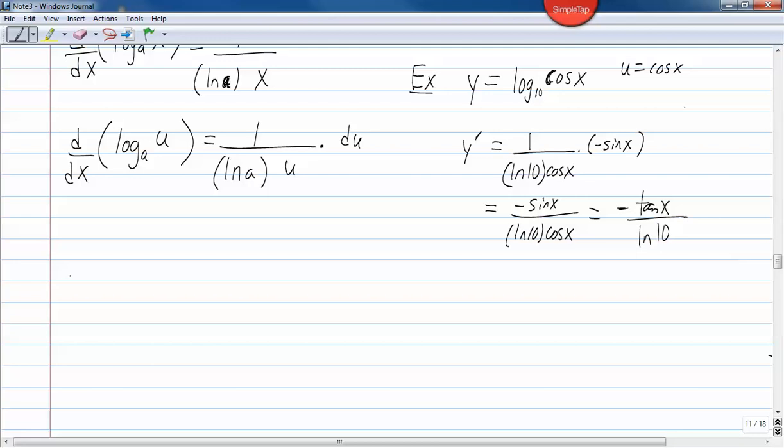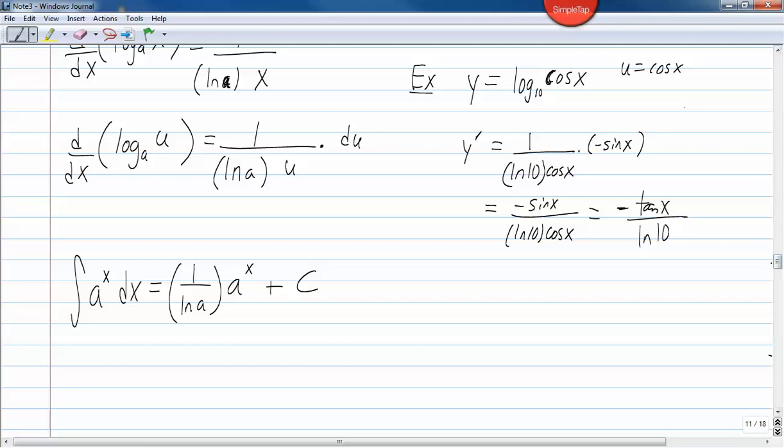There is a formula if you want to write this one down. The integral of a to the x dx is equal to 1 over natural log of a times a to the x plus c.